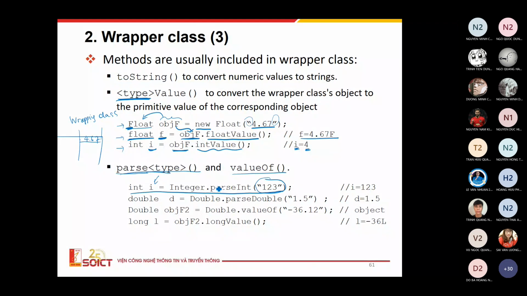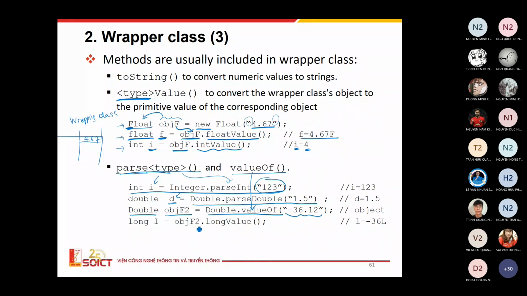You use parseInt. For double, you can use parseDouble, and you will receive the value. If you want a new object of the wrapper class Double with the value from this string, you can use the syntax valueOf. So you can have this.